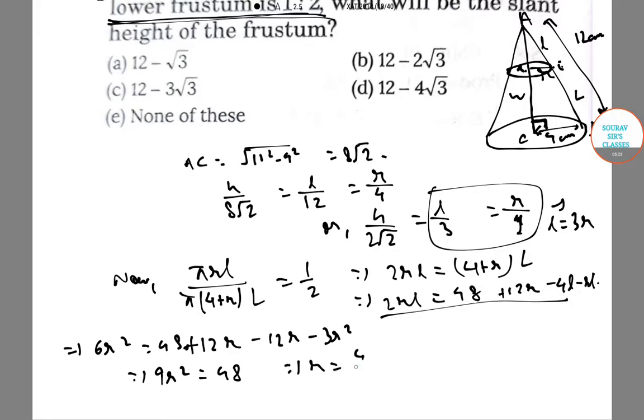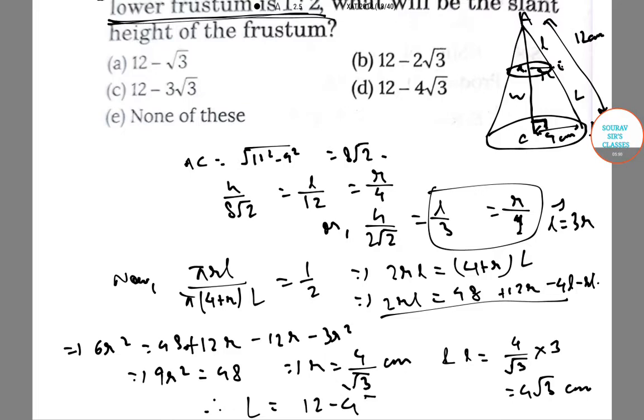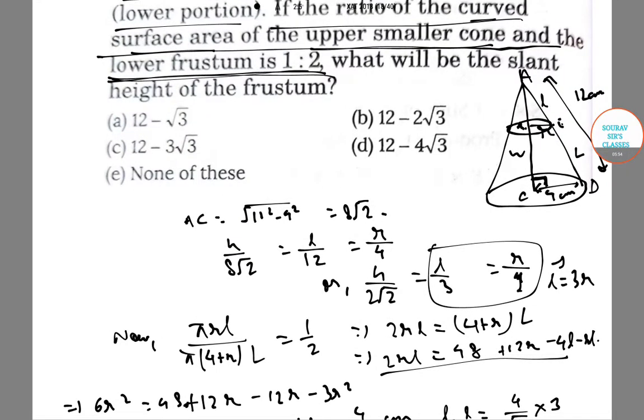From here we get R is equal to 4 by root 3 centimeter and L is equal to 4 by root 3 into 3, that is 4 root 3 centimeter. Therefore, capital L is equal to 12 minus 4 root 3 centimeter. Therefore, the slant height of the frustum is 12 minus 4 root 3 centimeter, that is option D.